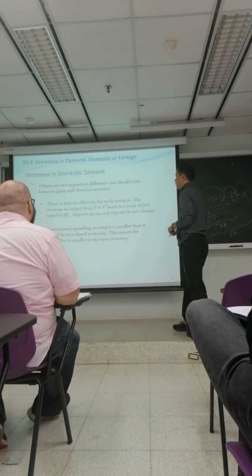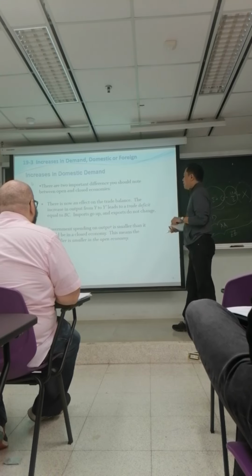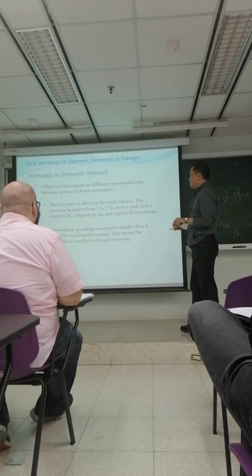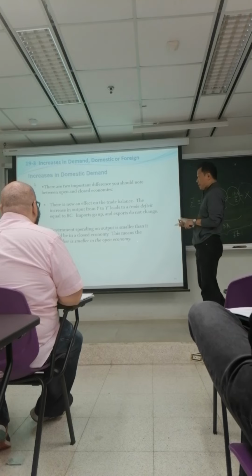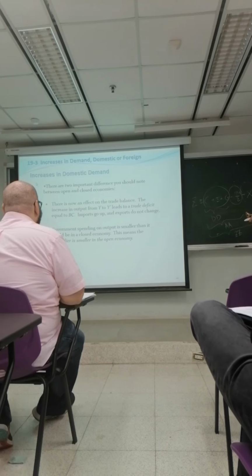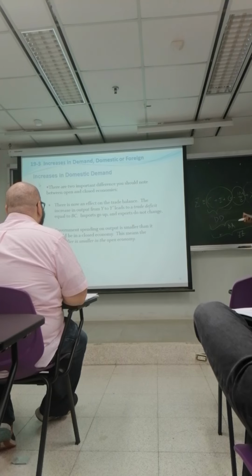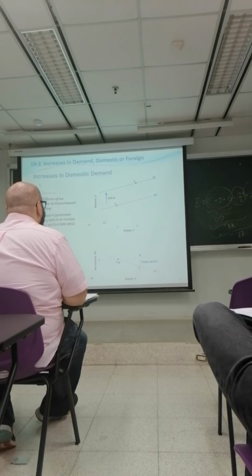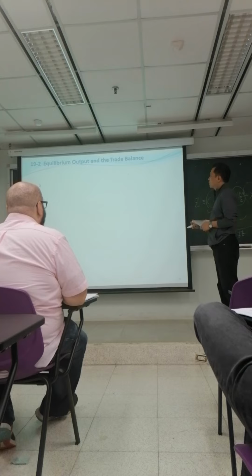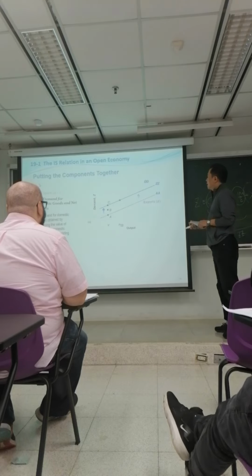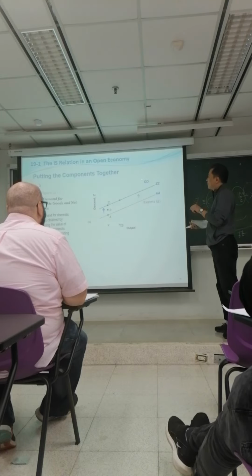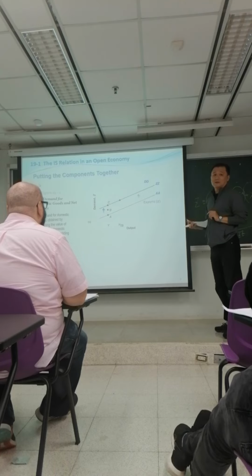Okay? Second, government spending on output is smaller than it would be in a closed economy. This means that the multiplier is smaller in the open economy. This has something to do with the slope, right, of the ZZ line and DD line, right? And earlier, we know that ZZ line is flatter than DD line.